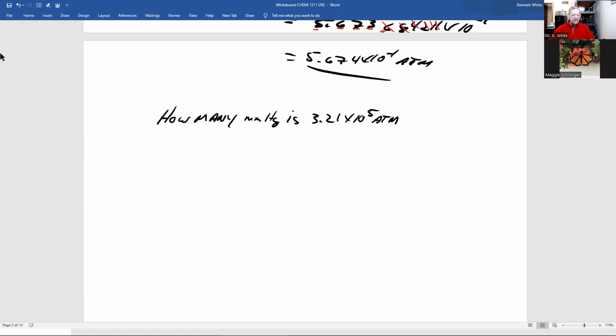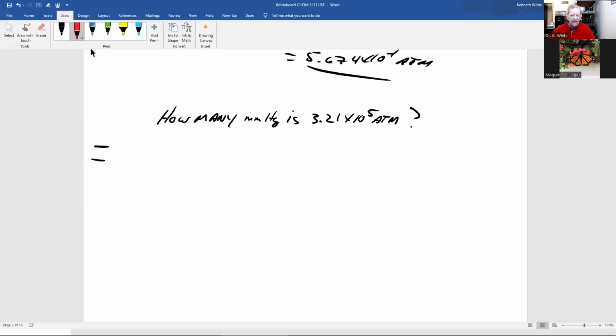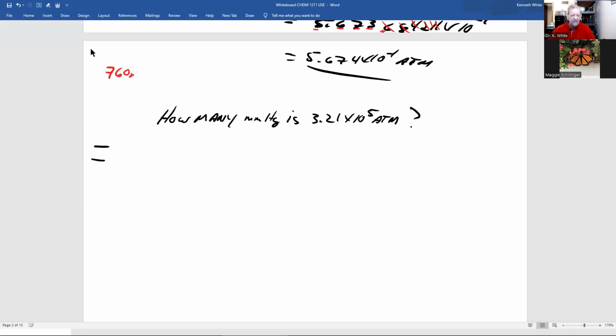And the question is, how many millimeters of mercury is 3.12 times 10 to the 5th ATM? I'm going to let you first try and figure out what you are being asked to find, what you are given. While you're doing that, I'm going to write something important we'll need.